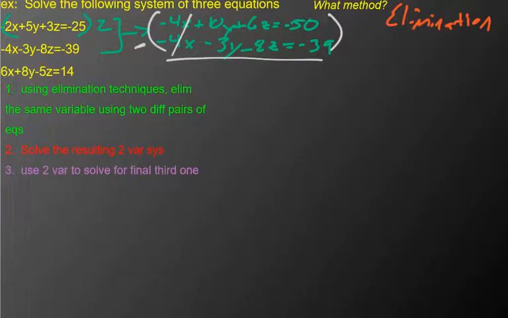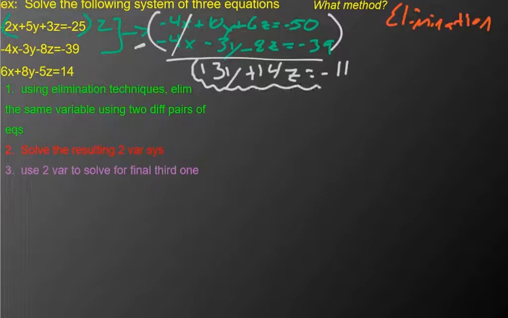So 10 minus a negative 3y would be 13y. 6 minus a negative 8z would be adding them, so you get 14z. And negative 50 plus 39, because of the double negative, gives you negative 11. I'm going to circle this for now. That is eliminating x in the first pair.